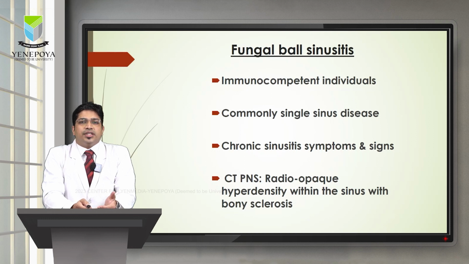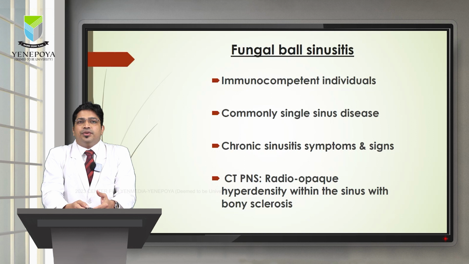These are chronic nasal obstruction, chronic nasal discharge, loss of smell, and mass in the nose. So whenever we see such a patient presenting to our OPD with a single-sided facial pain or a single-sided nasal discharge, we have to investigate further with CT-PNS.